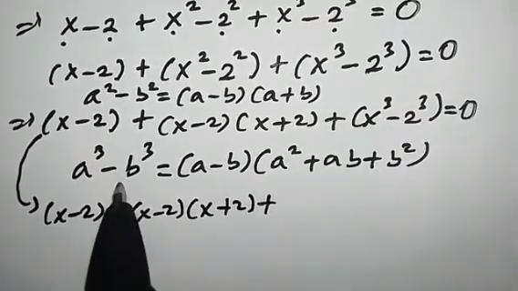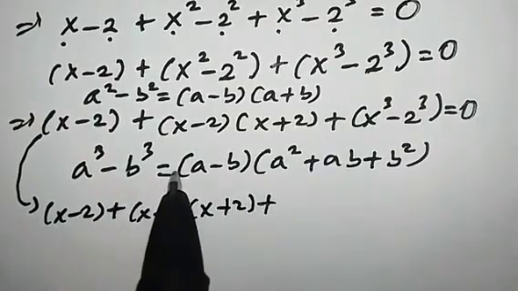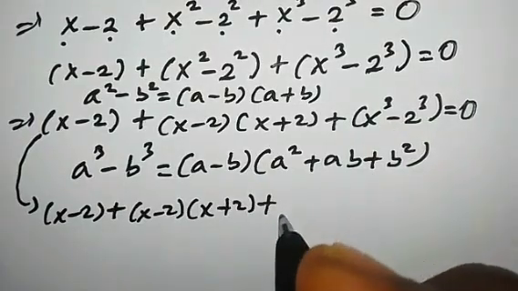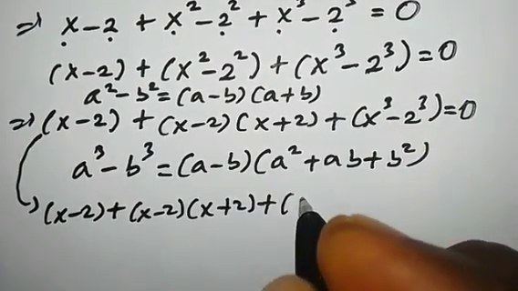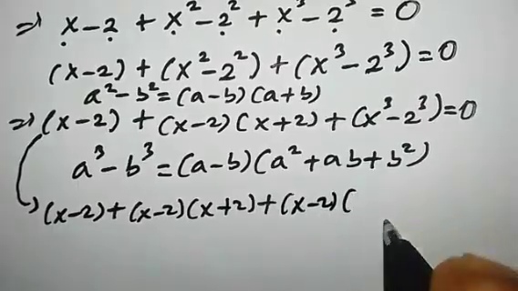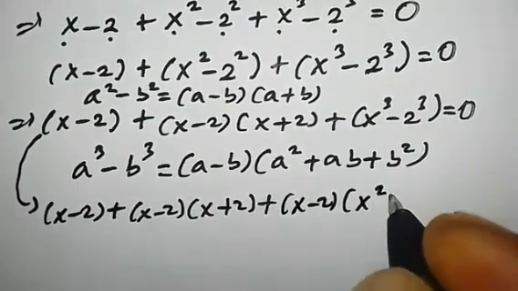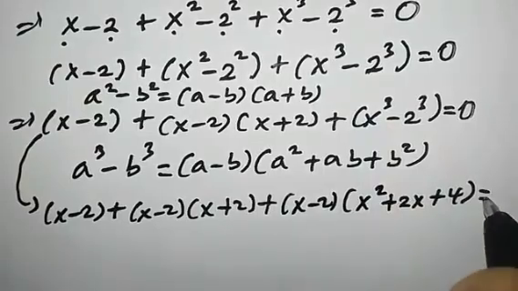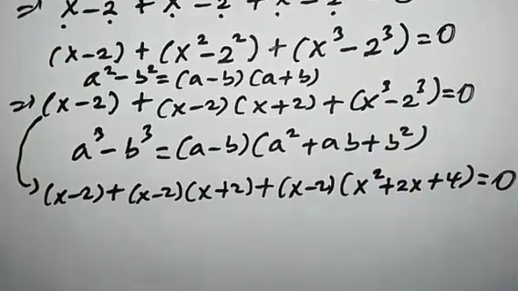Now, let us apply this cubic identity here. If you do that, we simply have x minus 2 times x square plus 2x plus 4 equal to 0. Let's proceed further.